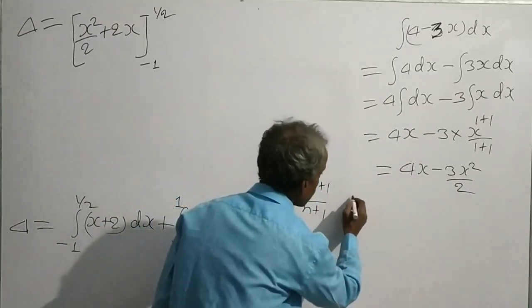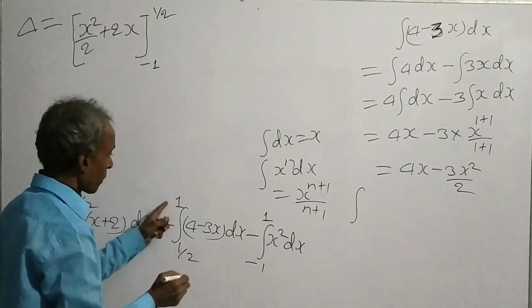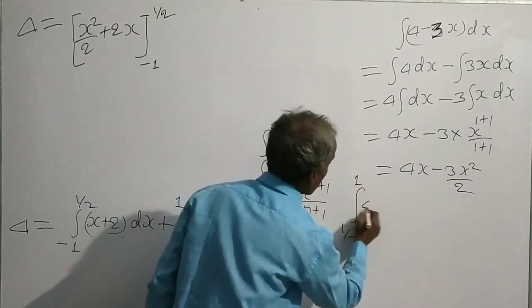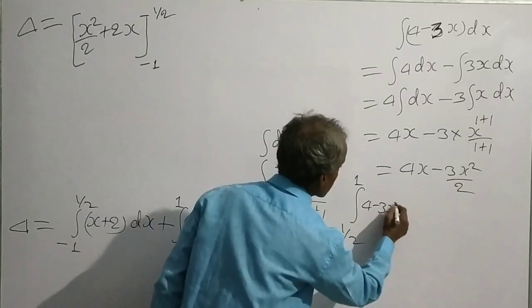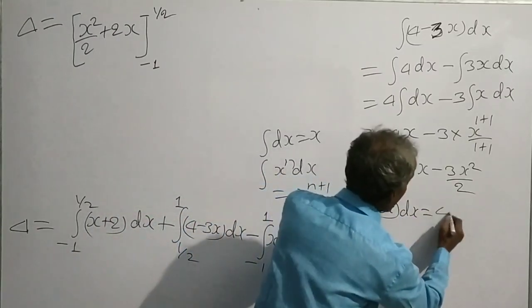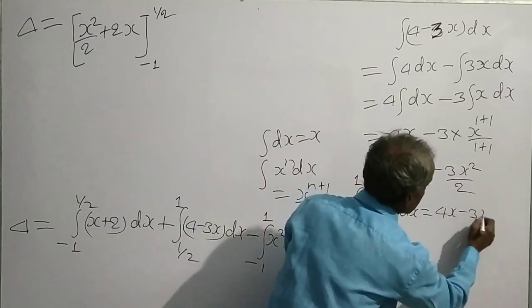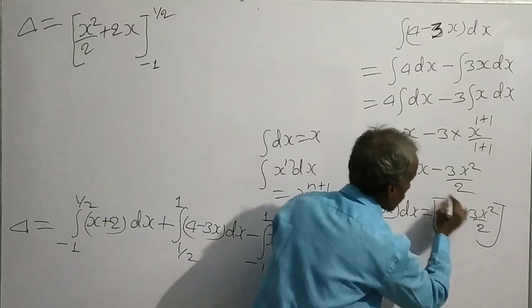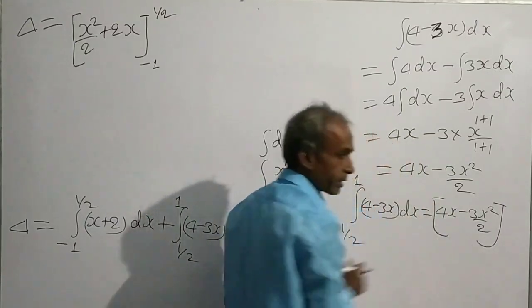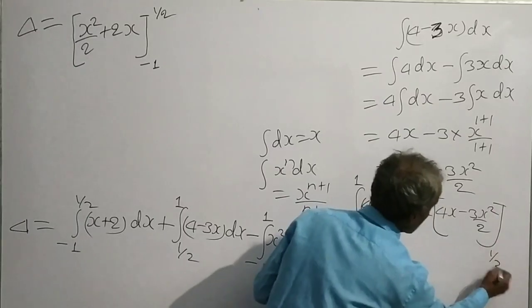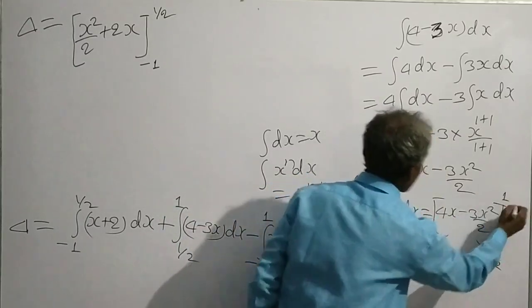Therefore, definite integration from 1 by 2 to 1 of 4 minus 3x dx will be equal to 4x minus 3x square by 2. Enclose this expression inside this bracket and write lower limit 1 by 2, upper limit 1.